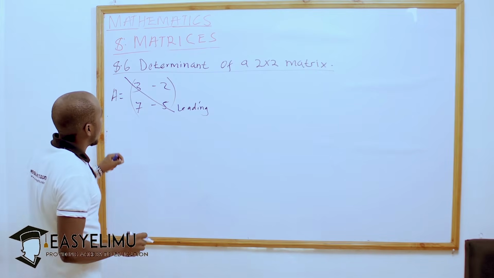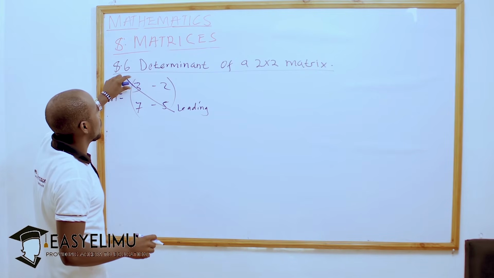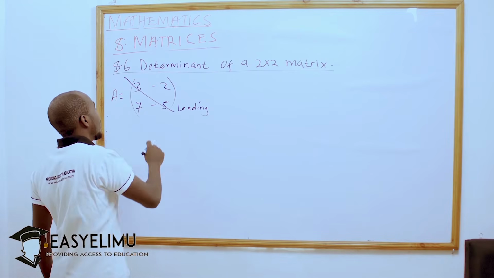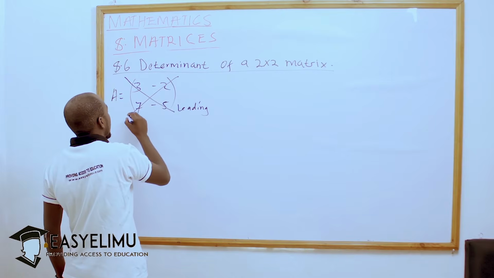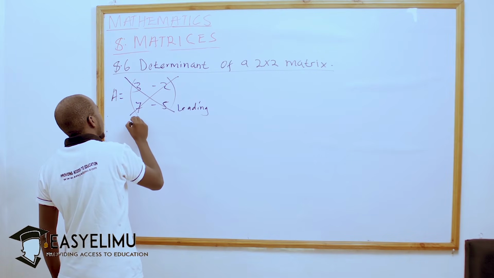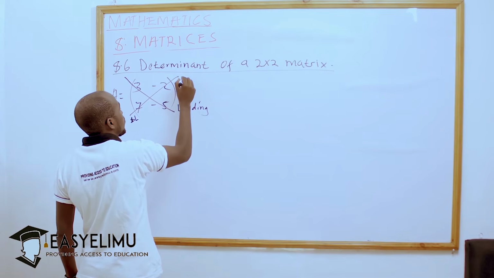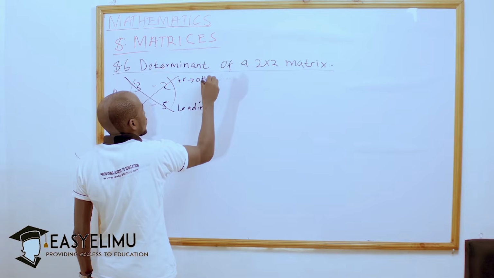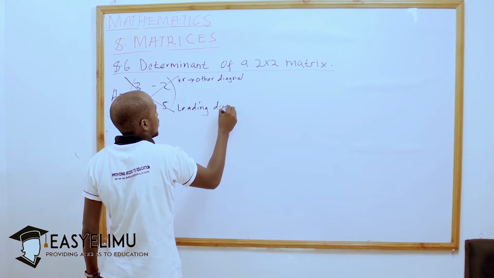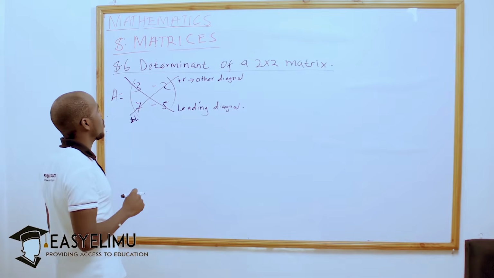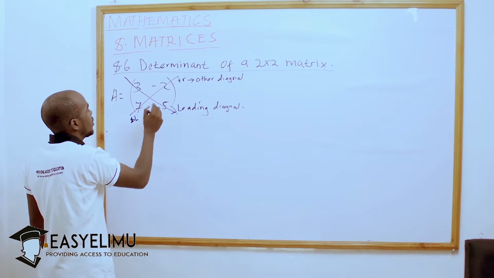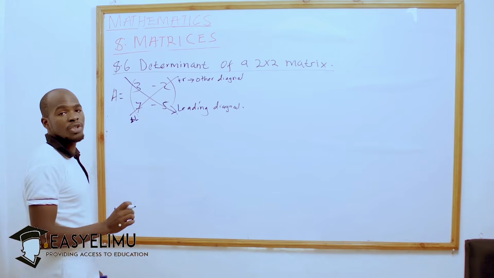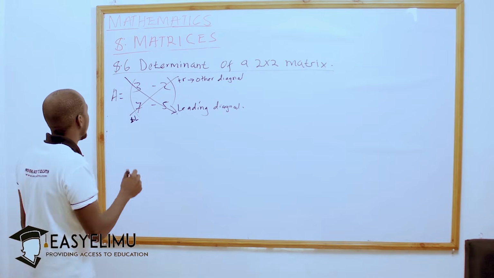The leading diagonal runs from the top left to the bottom right, and the other diagonal runs from the bottom left to the top right. This is what I'm referring to as the other diagonal. This one is the leading diagonal, and the difference between them is what we are referring to as the determinant.